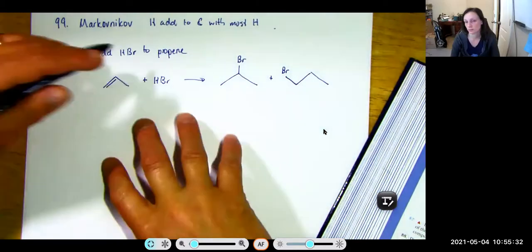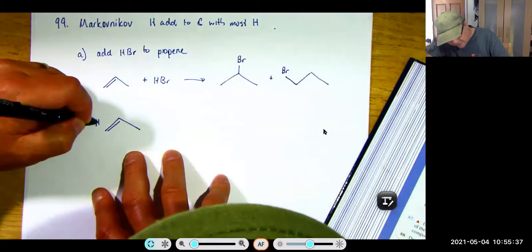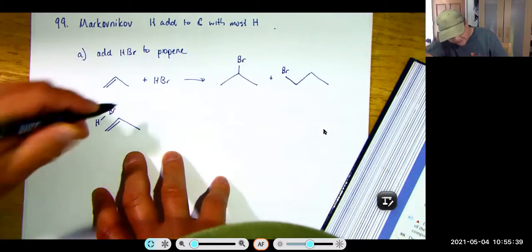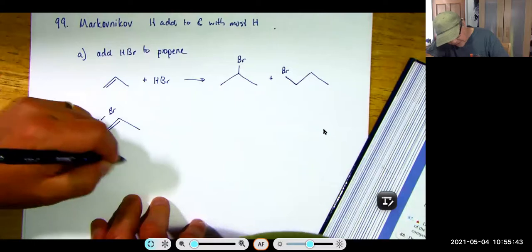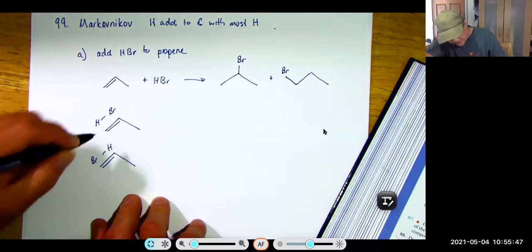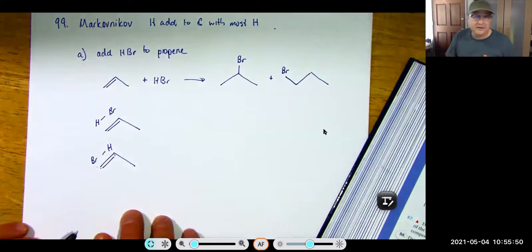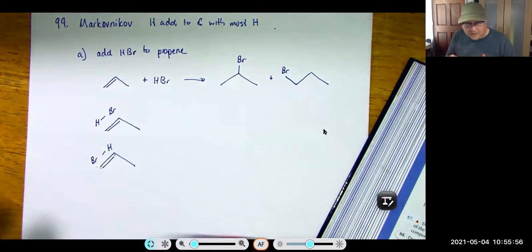So let me just show you what I mean here. Do you see how if we have HBr like this and it combines, the H goes here, the Br here? And if we have HBr like this, the H goes here and the Br goes there. Okay. So do you understand the hydrogen could go to either carbon? The bromine goes to the opposite? Yeah.